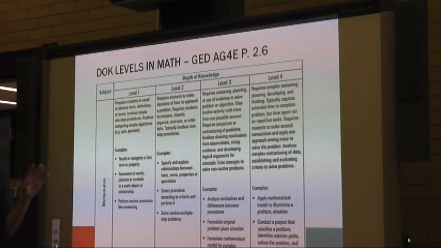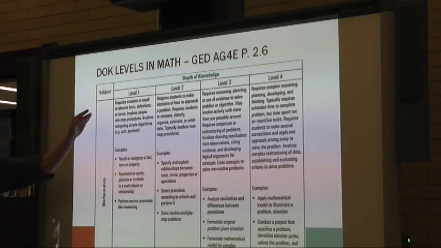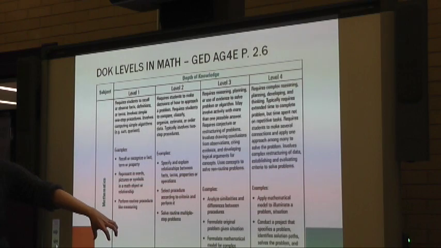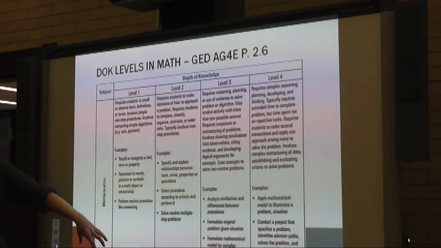And actually, if you Google depth of knowledge chart for math, there are much better charts than in the Assessment Guide for Educators. There are charts where each level gives you like 2 pages of details on the types of questions that you might find in that level, which is really helpful for when you're targeting specific critical thinking skills.